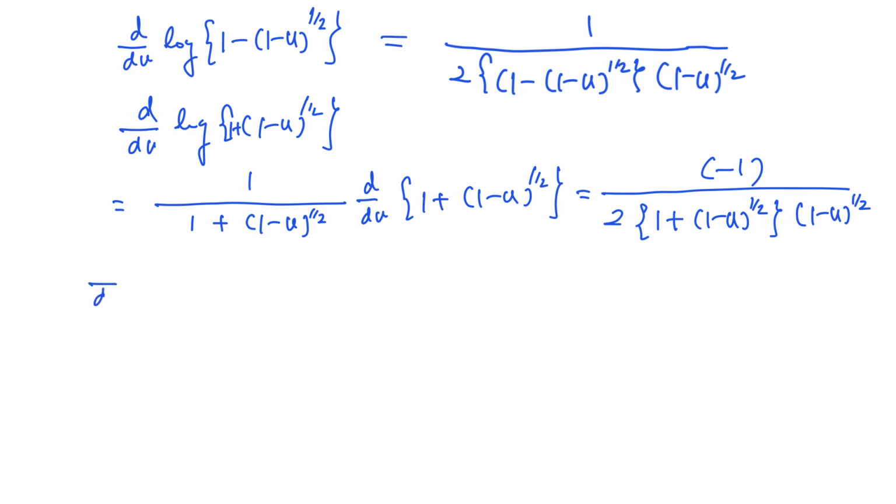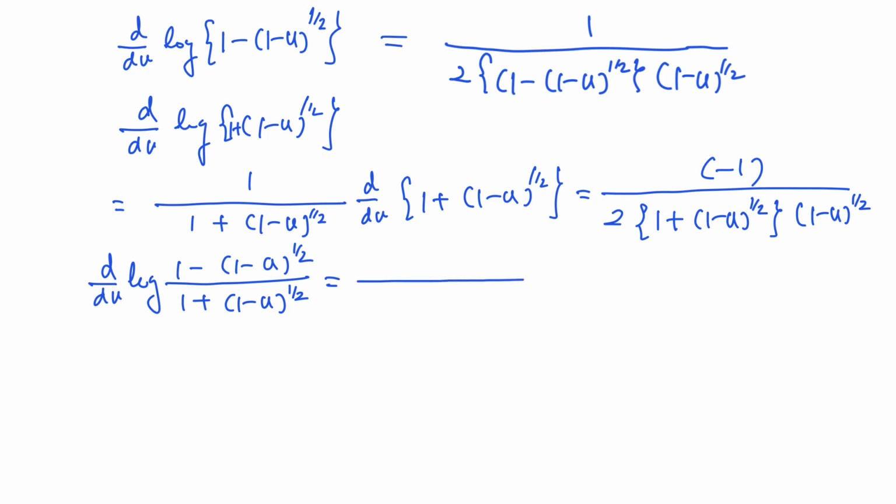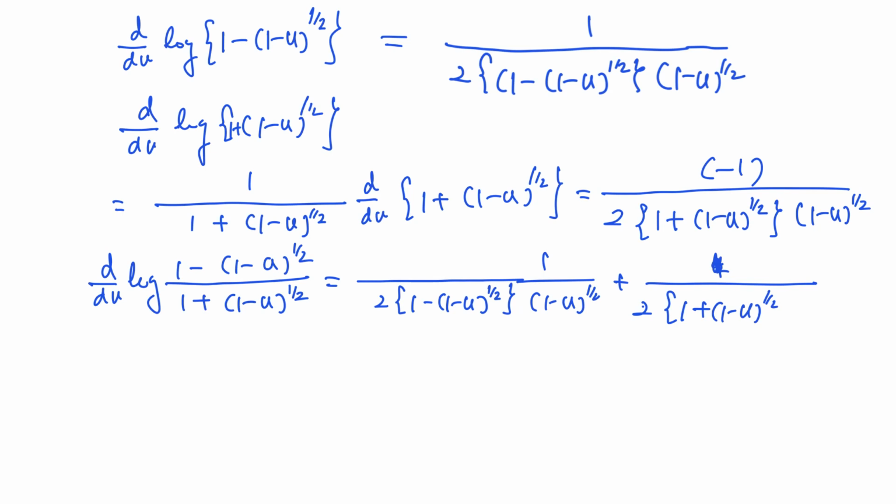So du d log 1 plus (1 minus u)^1/2 is simply 2 (1 minus u)^1/2. The minus becomes plus. 2 over (1 plus (1 minus u)^1/2)(1 minus u)^1/2.